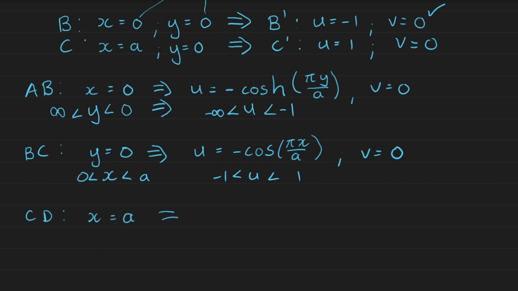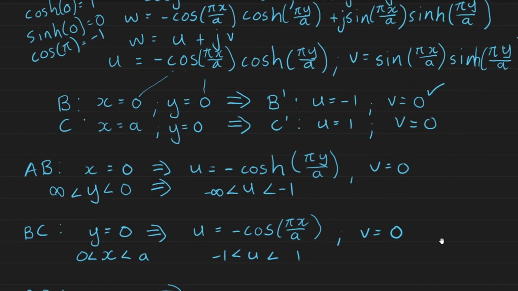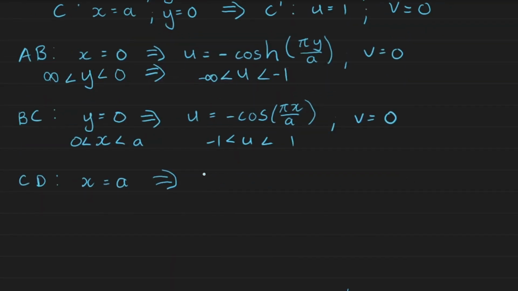So when we substitute in a, we have a over a, that gives us minus cos pi. So this entire thing is going to give us 1. Remember that minus cos pi is minus 1, so minus times minus 1 gives us plus 1. And all we're left with is cosh of pi y over a. So we have u is equal to cosh of pi y over a.